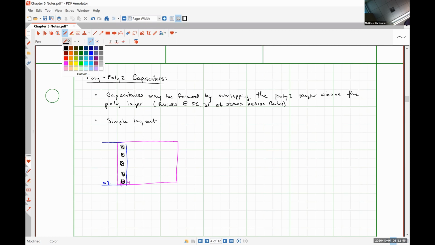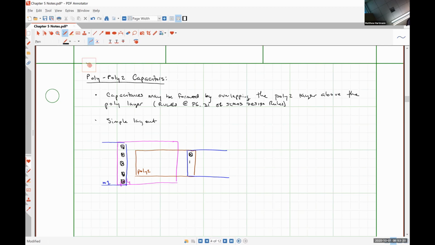For poly 2, I don't remember exactly what color I used, so for now I'm going to use brown. So this might be our poly 2 layer. And we would also need to connect poly 2 to metal 1 for our contact on our top electrode.